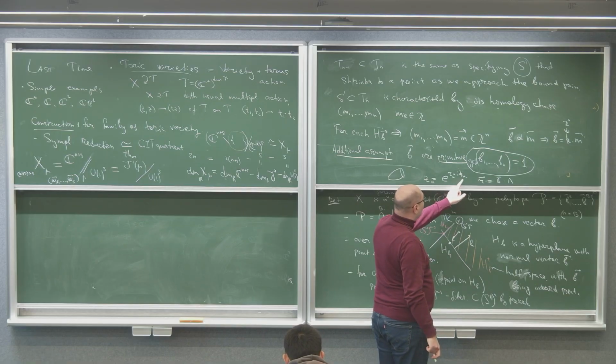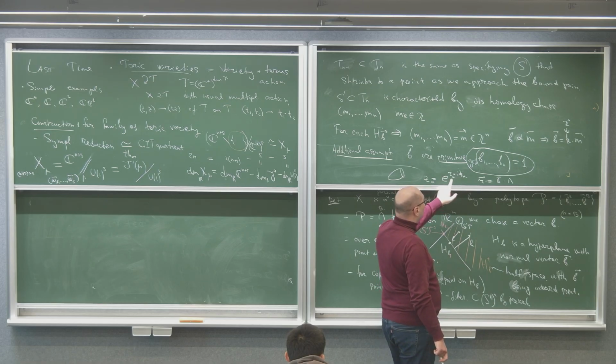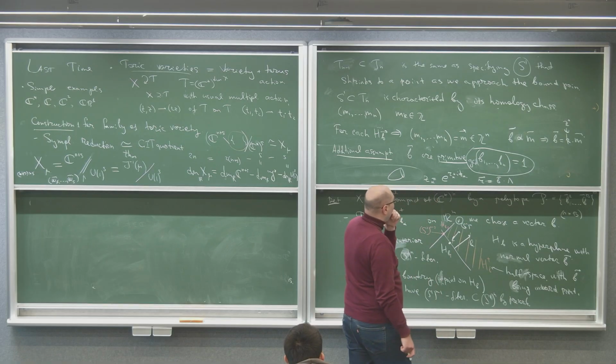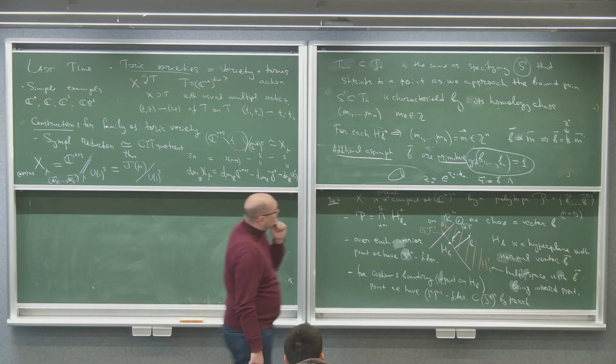Therefore, in order to get the circle shrinking, this phi should be proportional to b. I think that's the best I can easily explain.